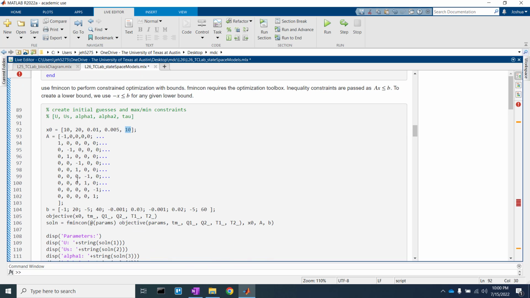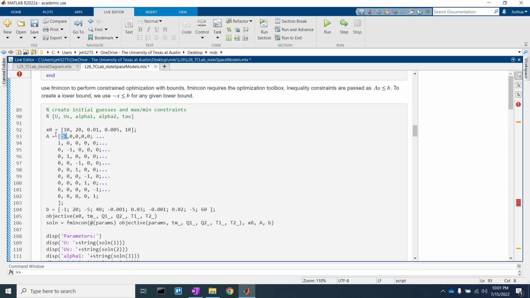And the way we do this is with fmincon, which is our constrained minimization, or constrained optimization, where we're going to minimize our objective function. We do that using these inequality constraints, Ax is less than or equal to b. So for our lower bounds, we're going to do -1 times u is less than or equal to -1.